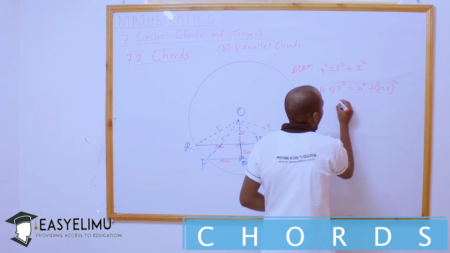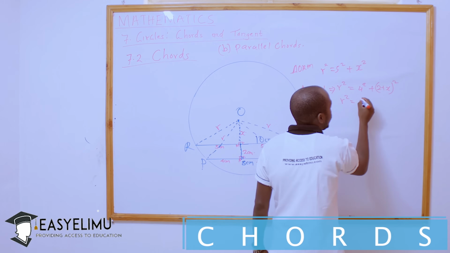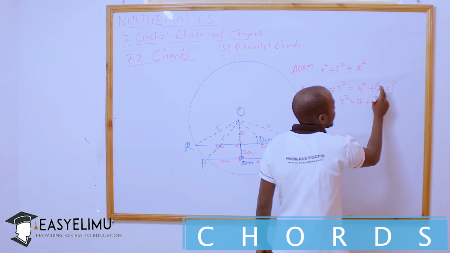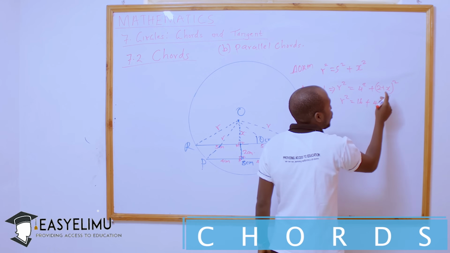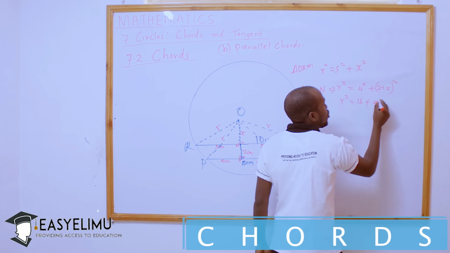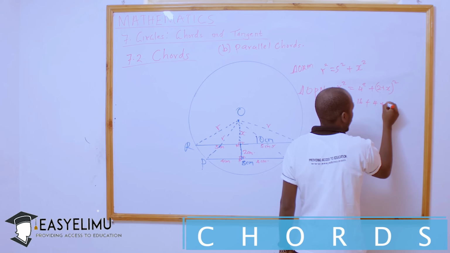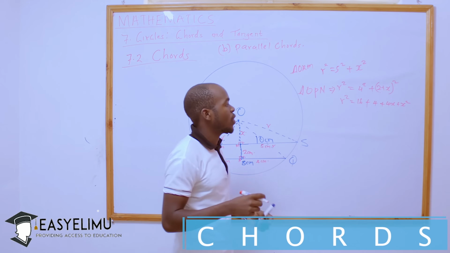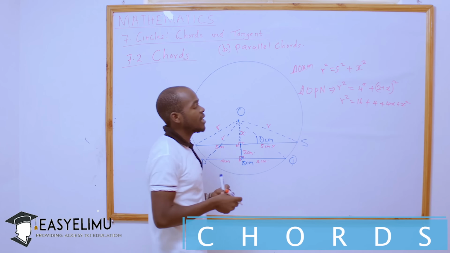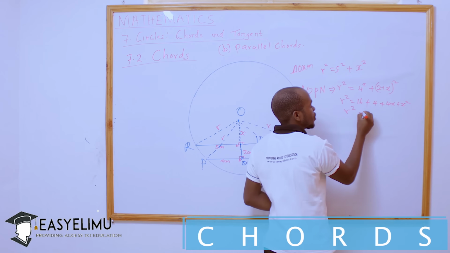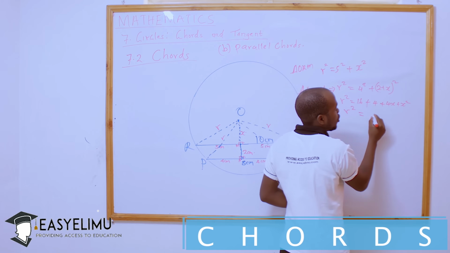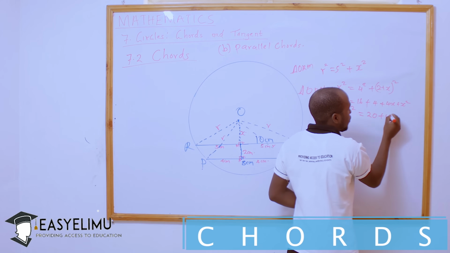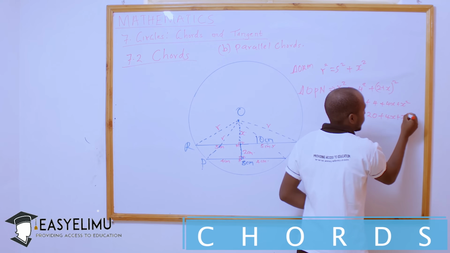Here r squared is equal to 16 plus 2 squared, which is 4, and if you expand, you get 4 plus 4x plus x squared. If you collect the like terms, r squared is equal to 16 plus 4, which is 20, plus 4x plus x squared.